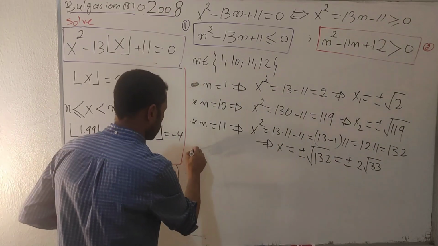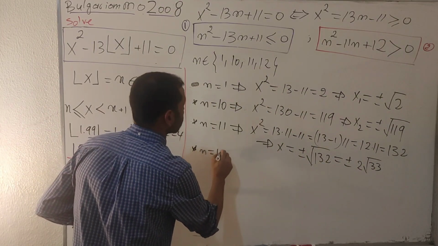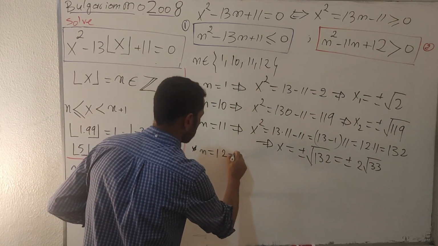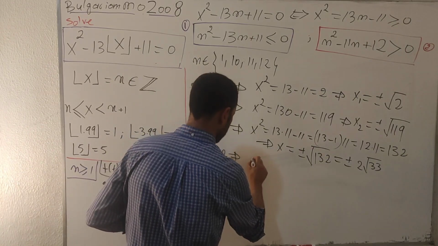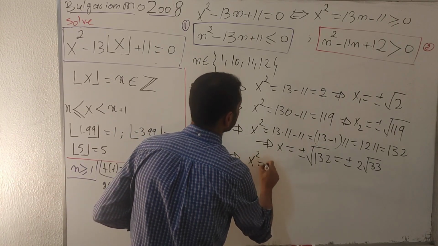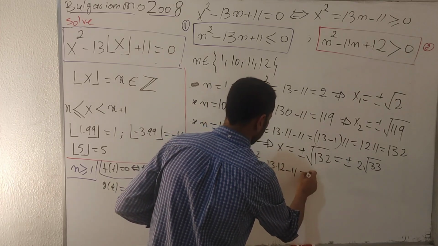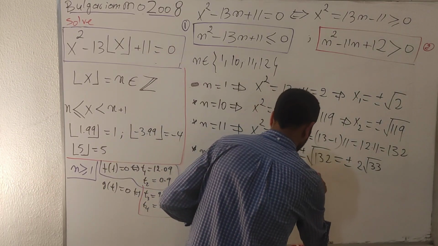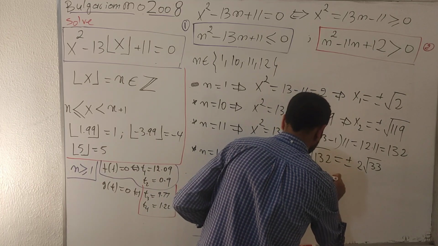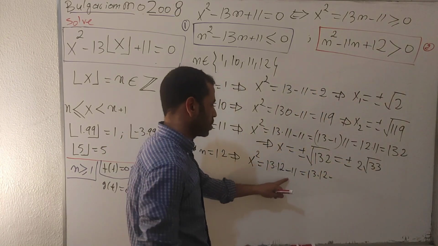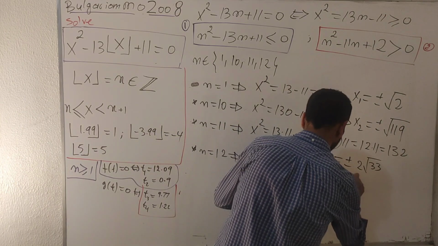So for the last one, I get n equals 12. N equals 12 gives x squared equals 13 multiplied by 12 minus 11. So I will have 13 multiplied by 12 minus 11, which is the same as minus 12 plus number 1.